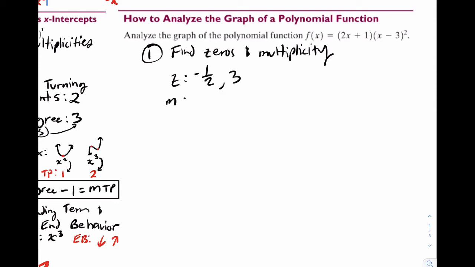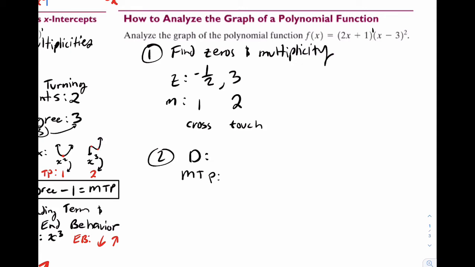The multiplicity is going to be 1 and 2. Look at the exponents here. If you want, you can draw in a 1 to help you. Now you put that in context. 1 is odd, 2 is even. So you're going to write C or cross and T or touch. That's step number 1.